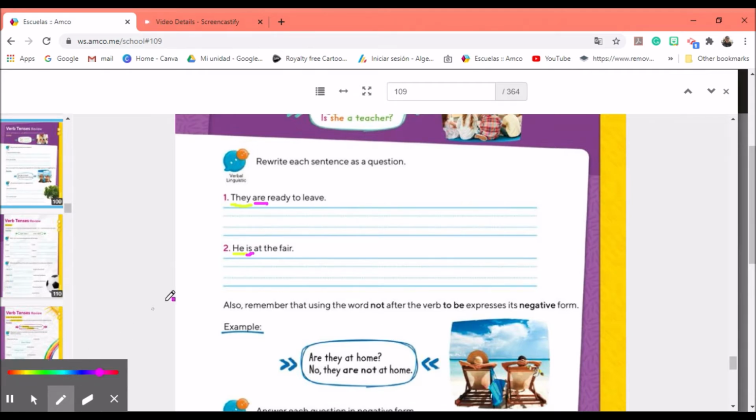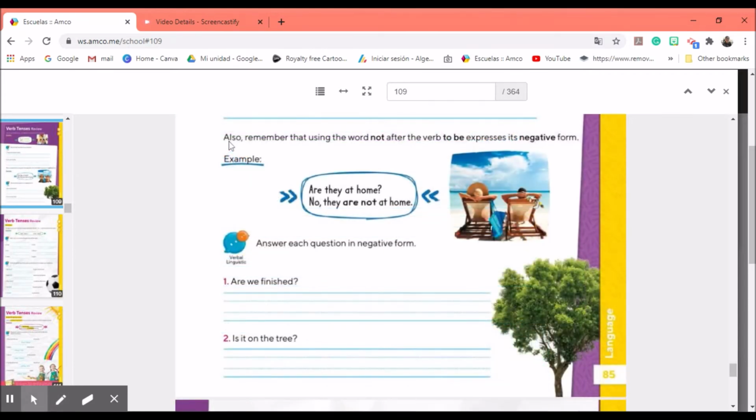So you have to make sure to write first the verb to be and then the pronoun and end it with a question mark to create a question, all right? Follow the colored pattern so you can create your questions.